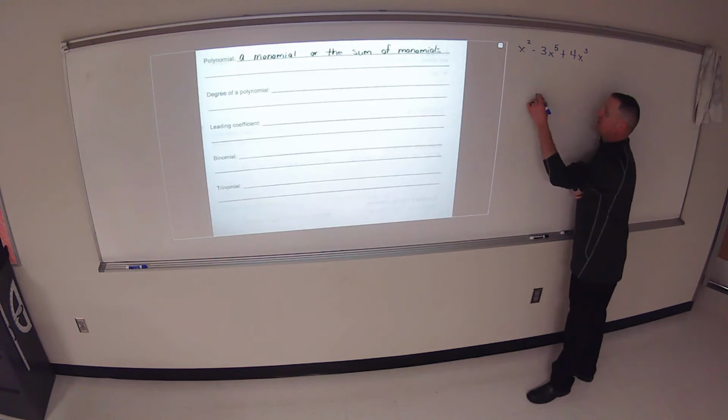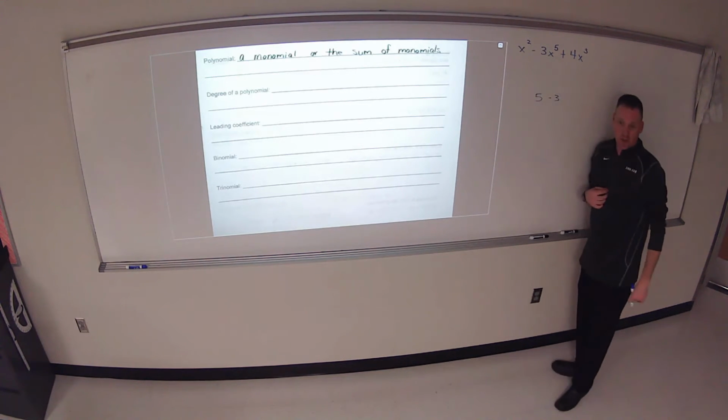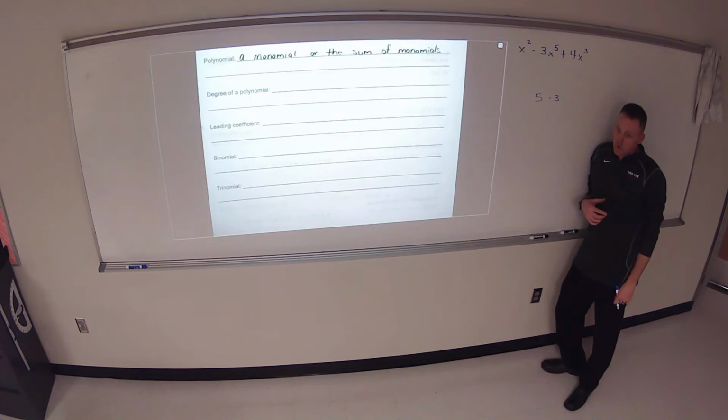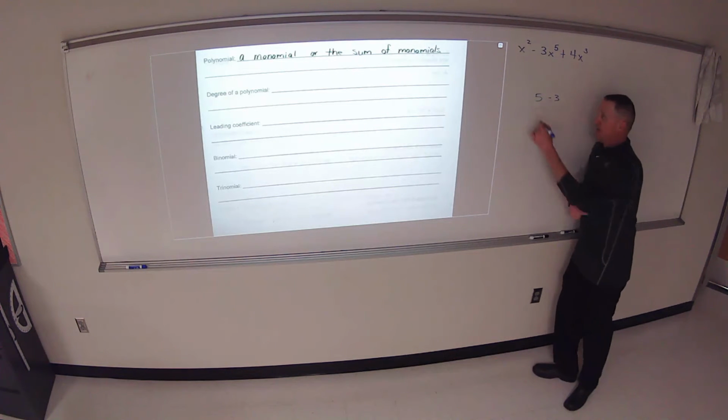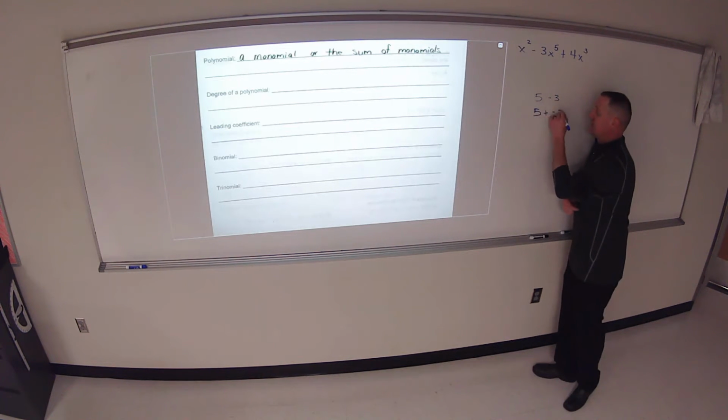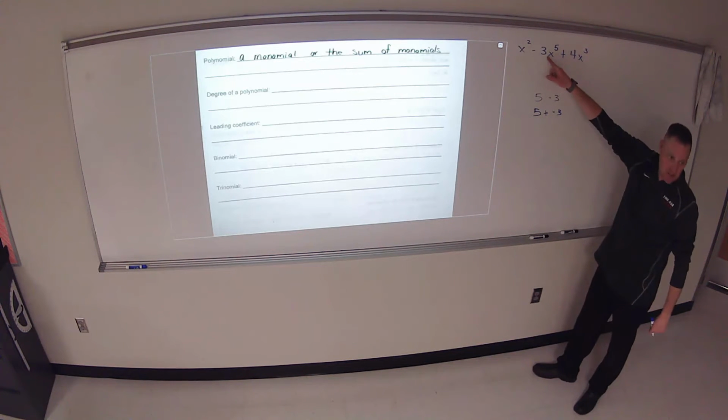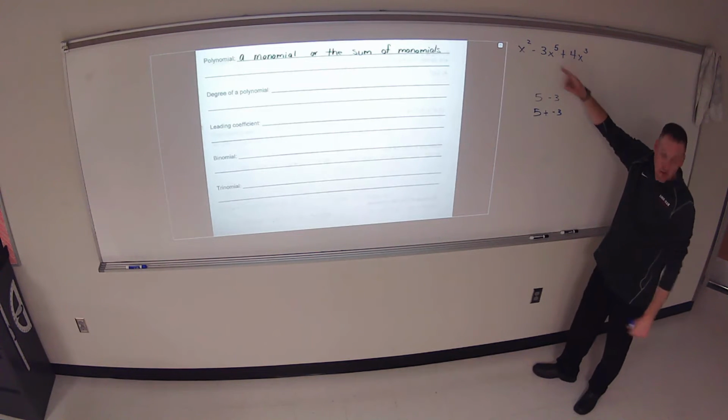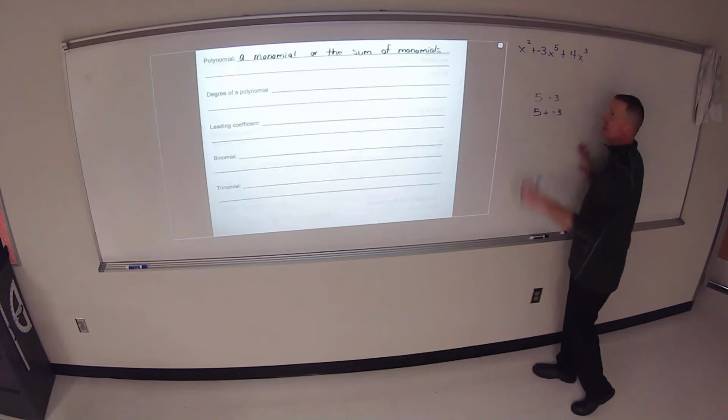Go back to pre-algebra last year. What's another way to write 5 minus 3 instead of 2? Adding a negative. Exactly.